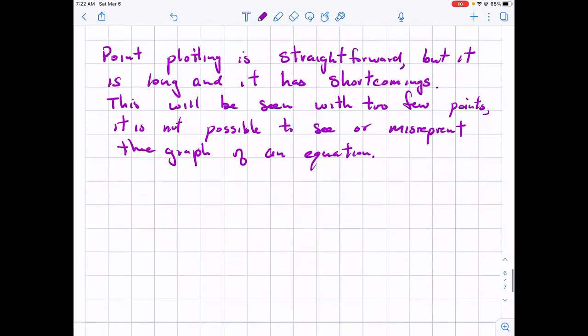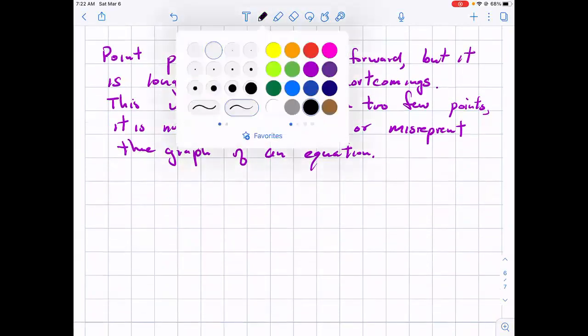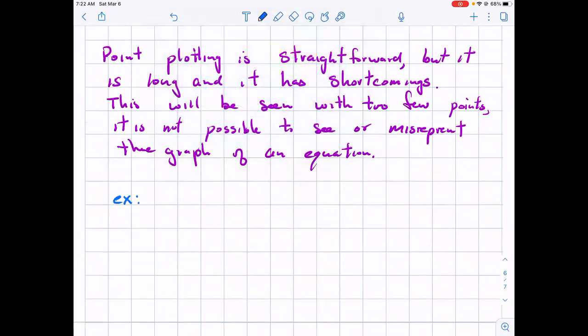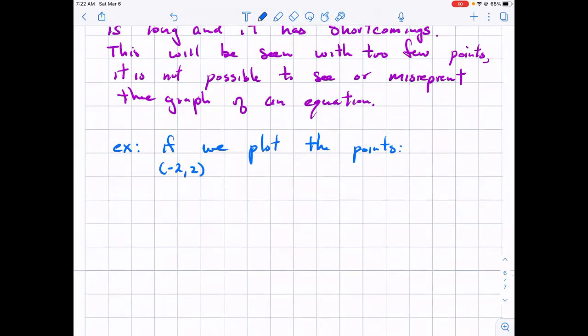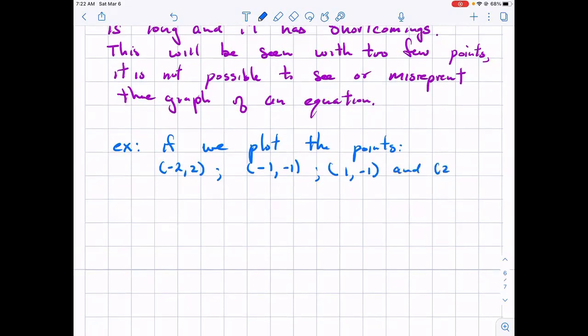So sometimes, for example, if we plot the points minus 2, 2; minus 1, minus 1; 1, minus 1; and 2, 2, we can have three different graphs.